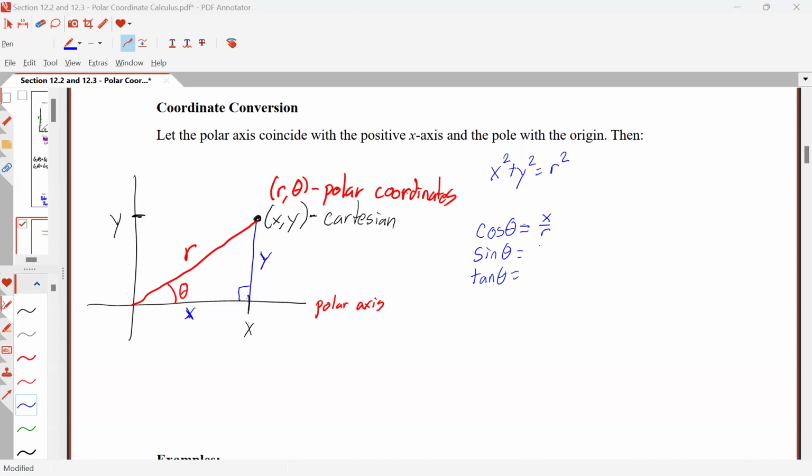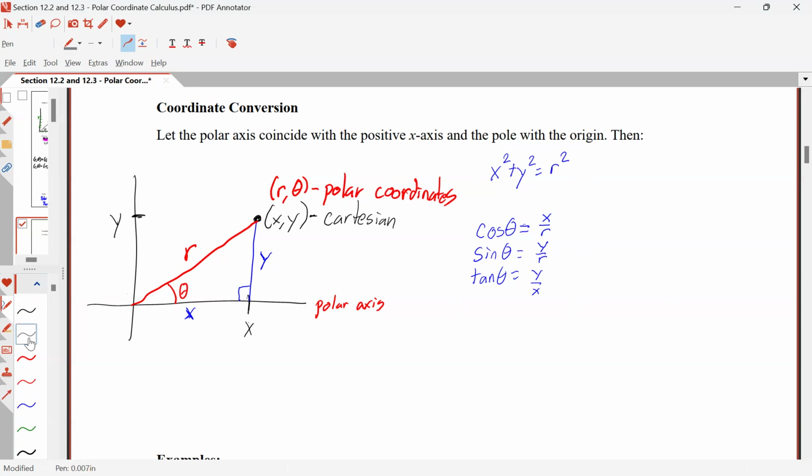Sine is opposite over hypotenuse, y over r. And tangent is opposite over adjacent, y over x. So we have all the trig identities because we have a right triangle. And with these equations, this gives us a way to convert back and forth.